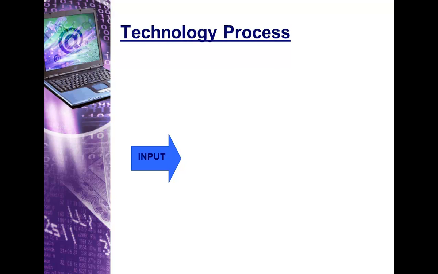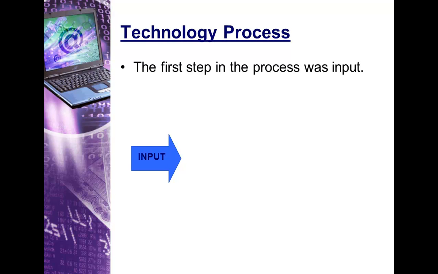When we're talking about a technology process, the first thing is input. Input is the things that will go into the system that we need. That would be money, cost, time, machines, any number of things. There's seven or eight different things that we can put into input.